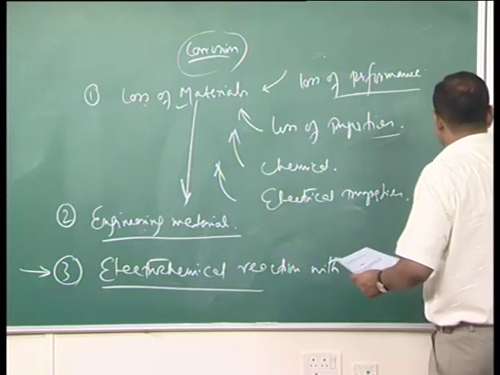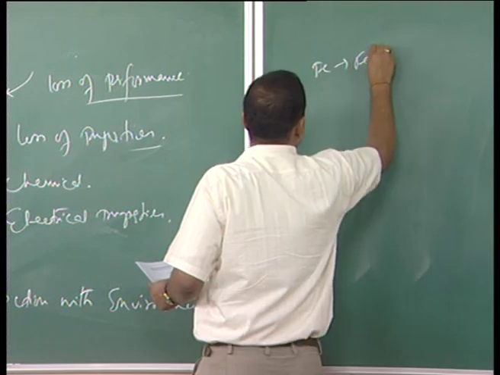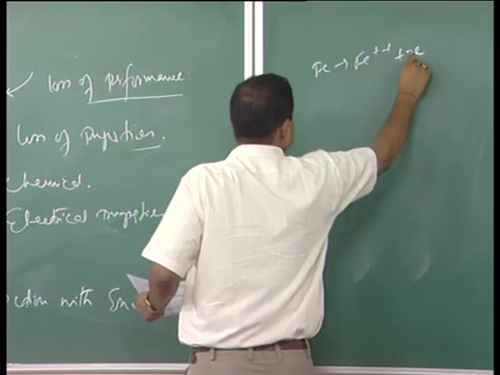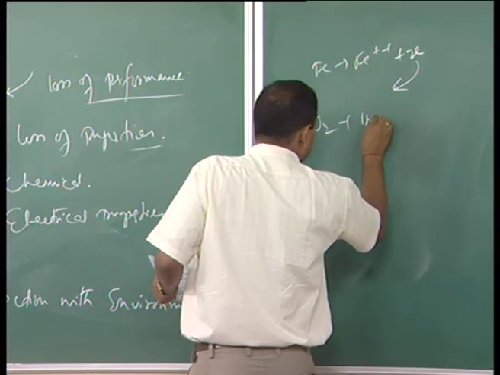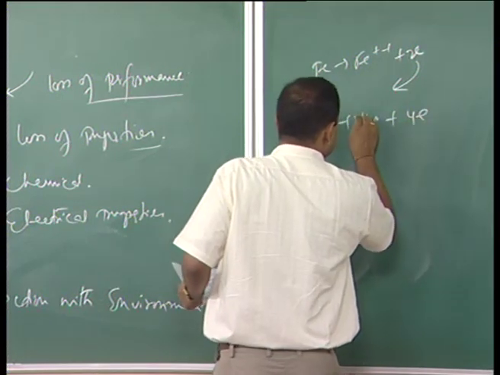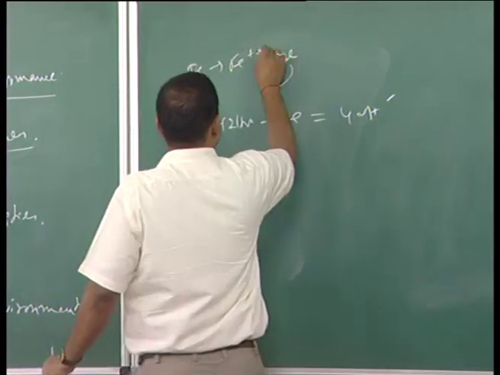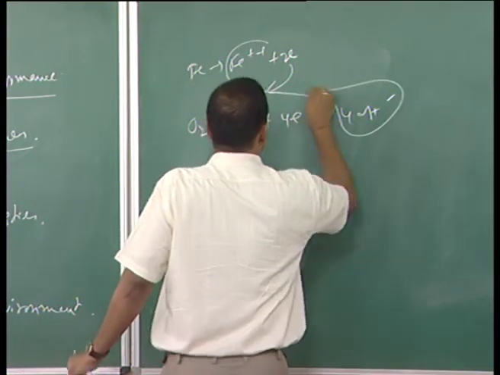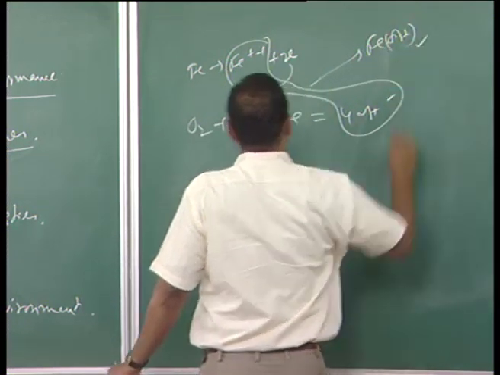Last lecture I showed one example, iron corrosion. Iron going to Fe++ plus 2e, and these 2 electrons are getting consumed by this reaction, and this one and this one are combining and forming Fe(OH)2.